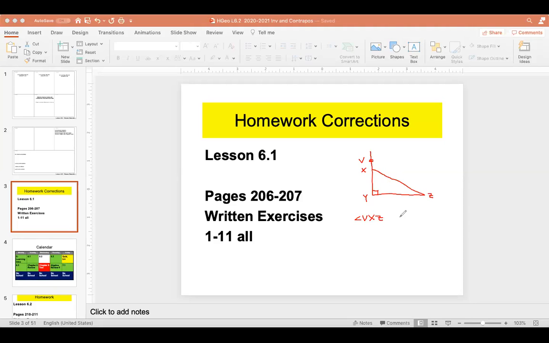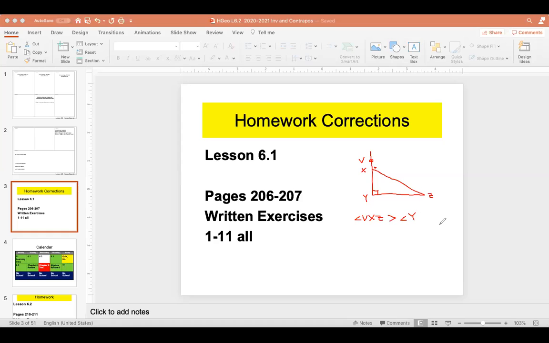The definition of obtuse is greater than 90. So here's how this would work. We know that this angle right here, which is VXZ, has got to be greater than angle Y. Why can I say that? Because it's equal to angles Y and Z added together.